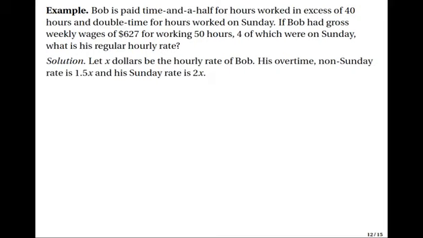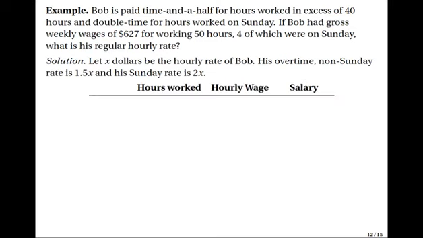And therefore, we now have these quantities. Let's now look for the hourly rate with this information. So hours worked, hourly rate, hourly wage, and then salary. For the regular, you have 40. Okay? So overtime is in excess of 40 hours. So that's your regular hours.